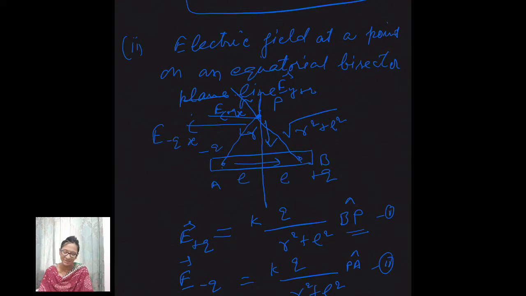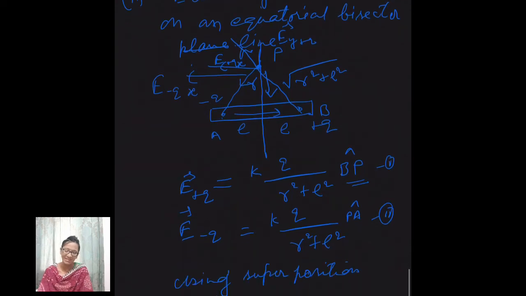We see that the two vertically opposite electric field components that are equal will cancel each other. Okay.